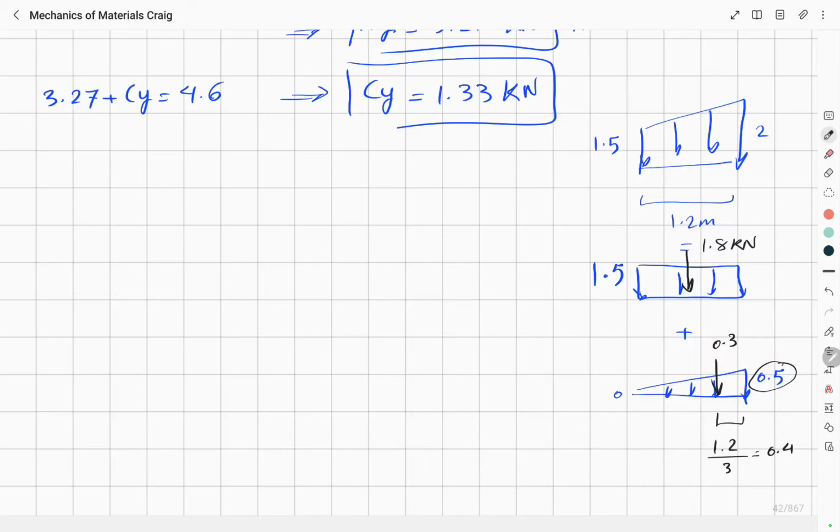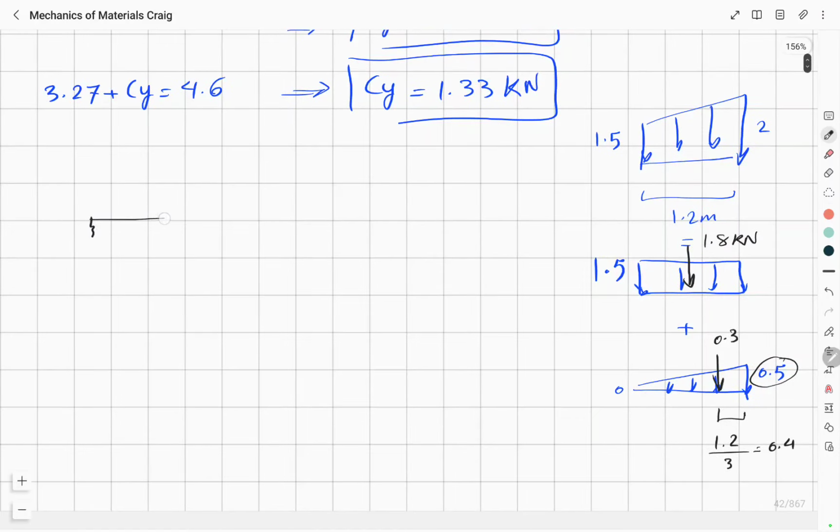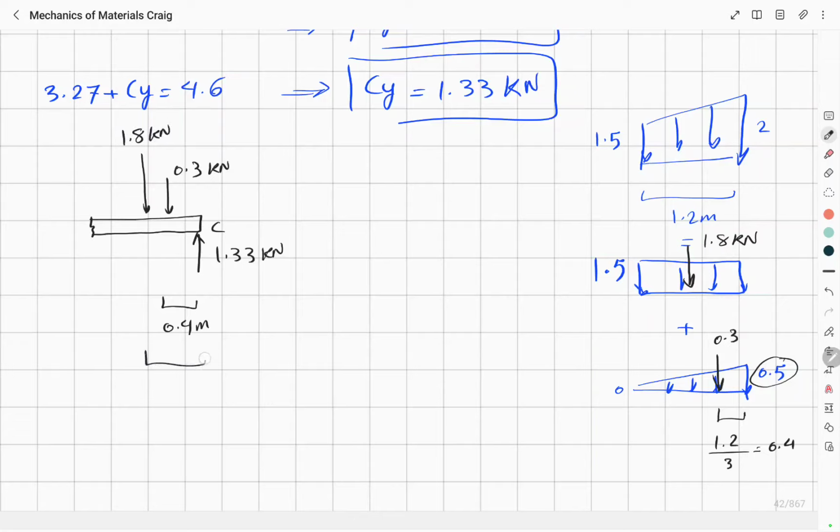So this is 1.33 at point C. This is 0.3 at a distance of 0.4. And this is 1.8, and this distance is 0.6.